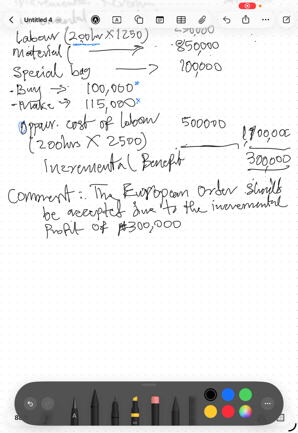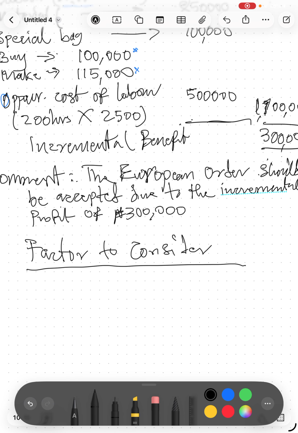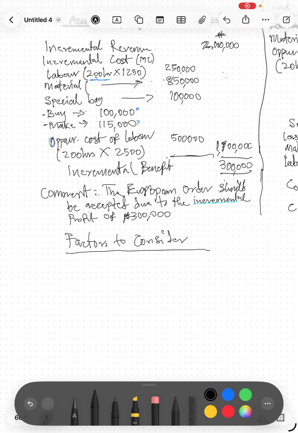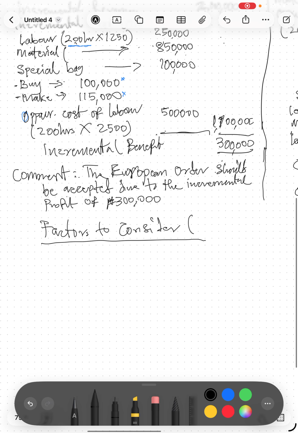Now let's look at factors we should consider. At this point, the examiner is asking you non-financial factors. What are the factors we should consider here? They are non-financial, what we call the qualitative factors. We have the quantitative factor, which is the financial one we've done already.